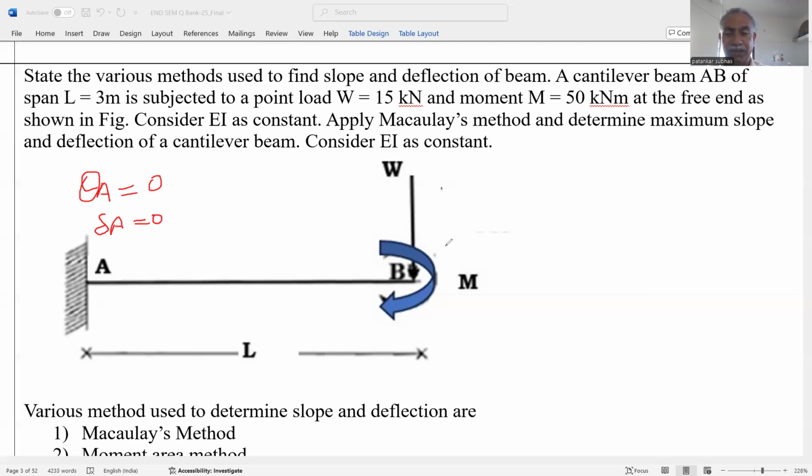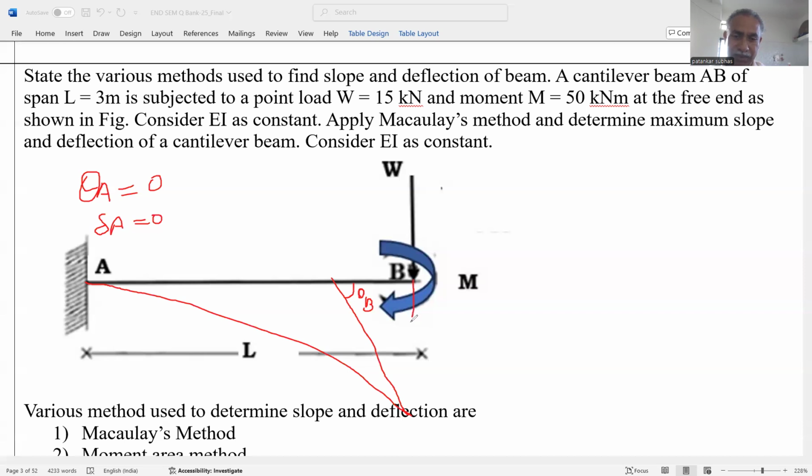But at the free end of a cantilever, deflection is maximum and slope is also maximum. So I can draw the deflected curve. When we draw the tangent at this point on the second degree parabola, we get theta at B, which is the maximum.